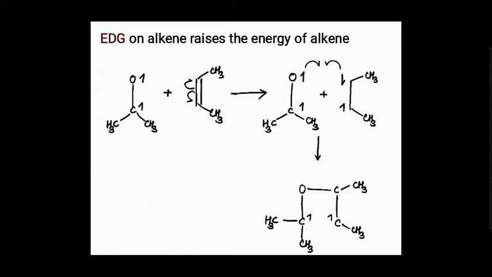We already have this excited carbonyl compound and we are going to react it with an alkene. In the alkene molecule there is a double bond, and it will again split into radicals. After the reaction, you can see the carbonyl compound has the same spin, meaning it is in a triplet state, both electrons parallel to each other.